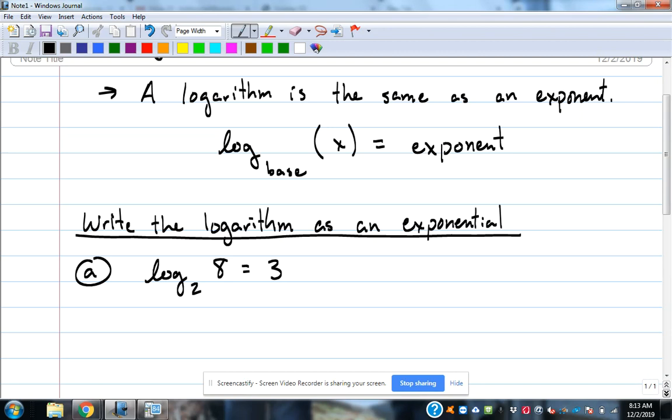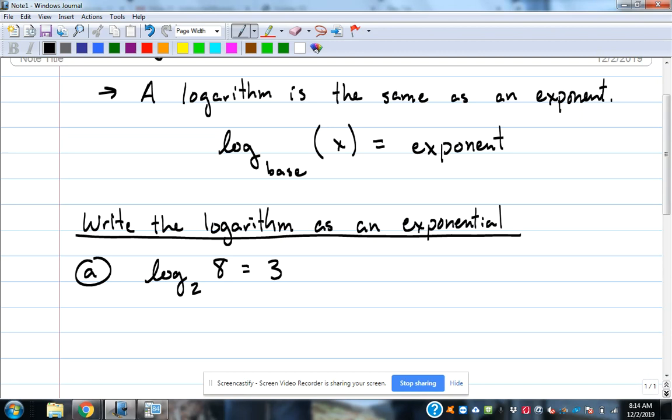When we talk about things with exponents, we talk about the base, then the exponent, and then what it's equal to. So when we think about logs and their relationship with bases and exponents, when I read this, it's log base 2 of 8 is equal to 3. What's the 3 according to this line up here? It's the exponent.